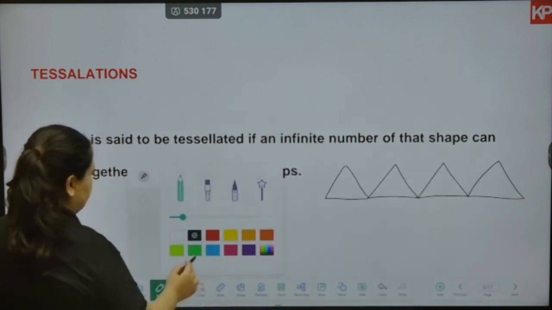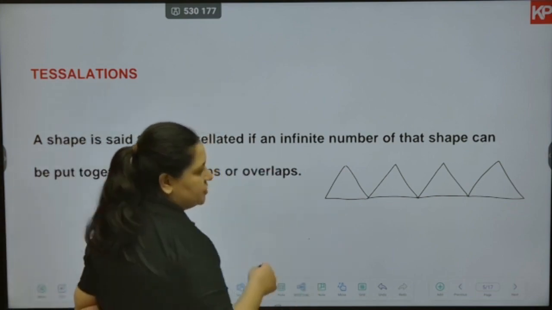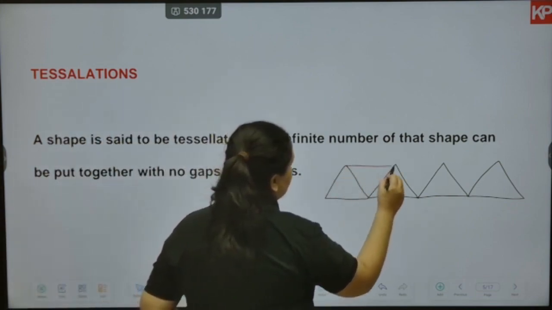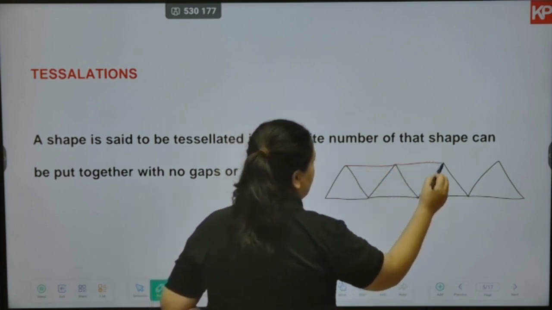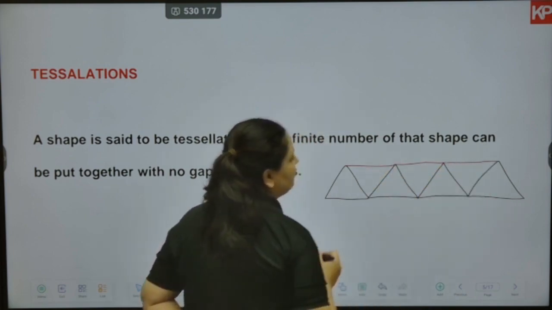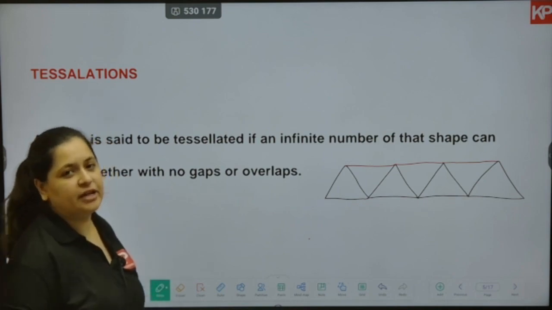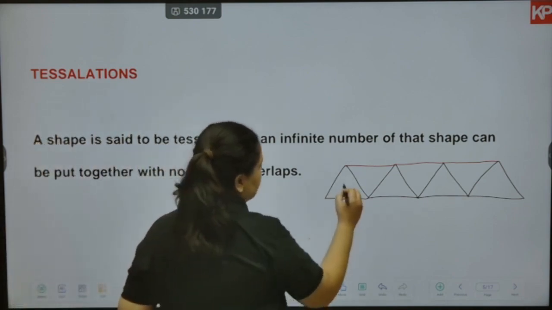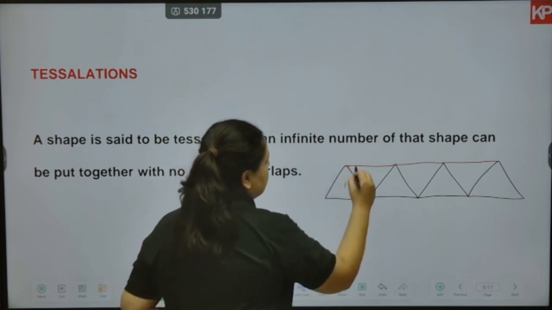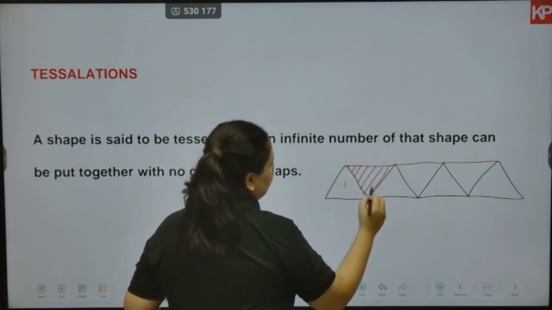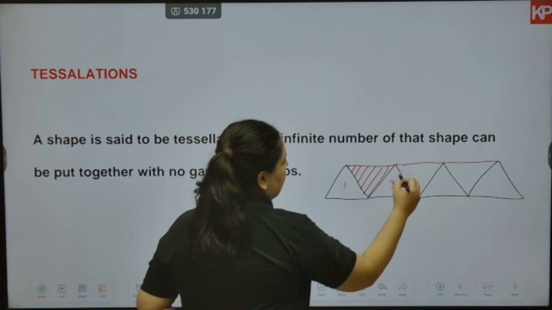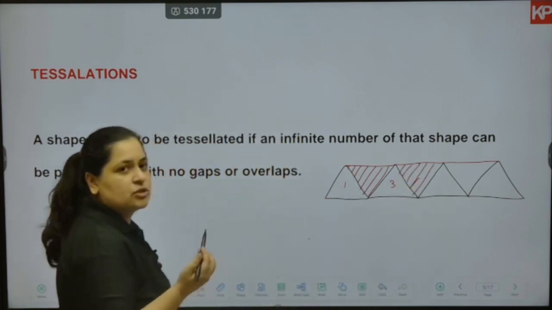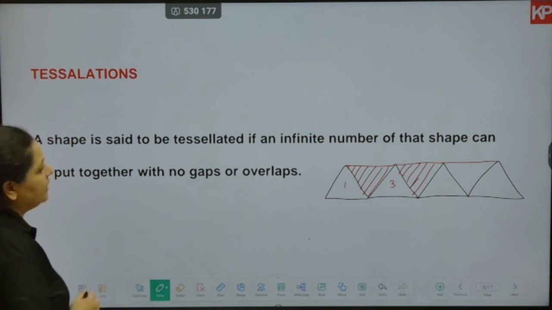Now let's check. If we invert this triangle or rotate it 180 degrees and then try to fit it in this particular pattern, what happens? We are able to see that it is perfectly fitting into one another without leaving any gap or without overlapping. For example, this is one triangle, this is triangle number 2, this is triangle number 3, this is triangle number 4 and so on. So we can see here this triangle can tessellate.